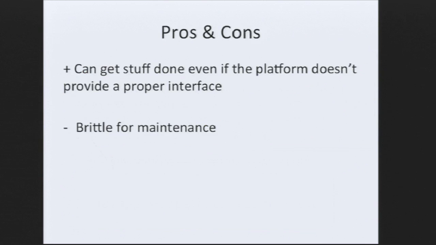So the benefit of that is that, well, it works. Even if the platform doesn't provide the interface, you can basically implement what you want. But it's a little bit brittle, because if the platform changes, maybe your binary patch will not work. It's almost the same as using reflection, right?